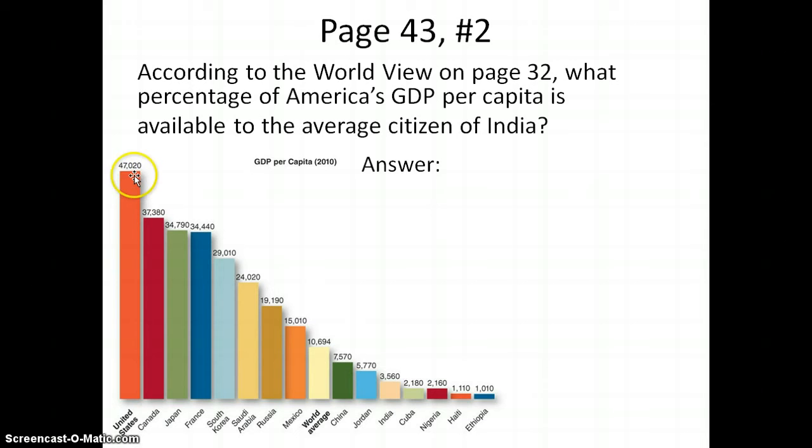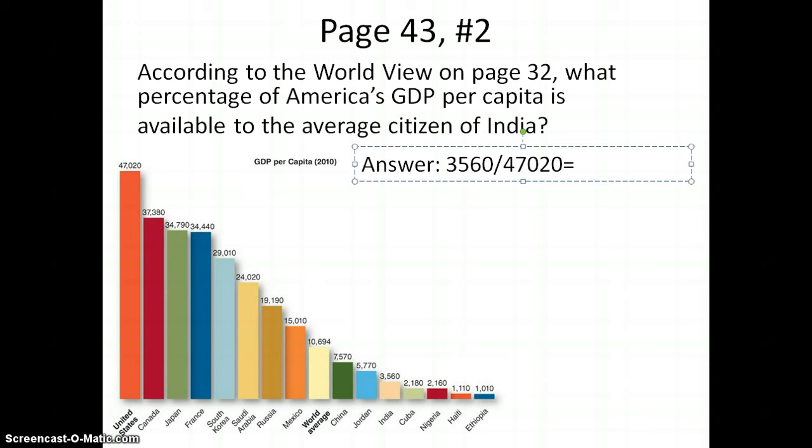And then the United States has around $47,020 per person. Okay. So we want to know, relative to the United States, what fraction India has. So that means we're going to divide, and we divide by putting India on top and America on the bottom.